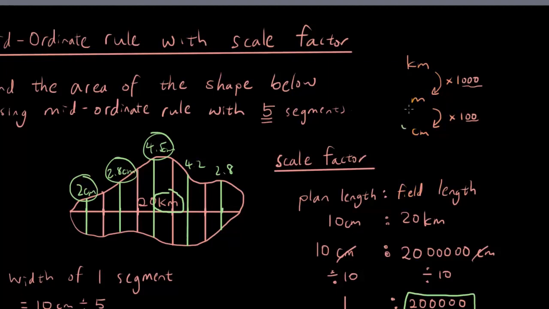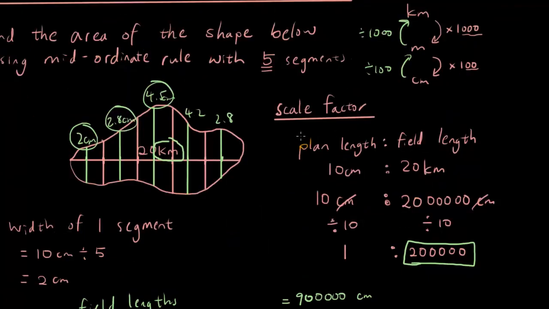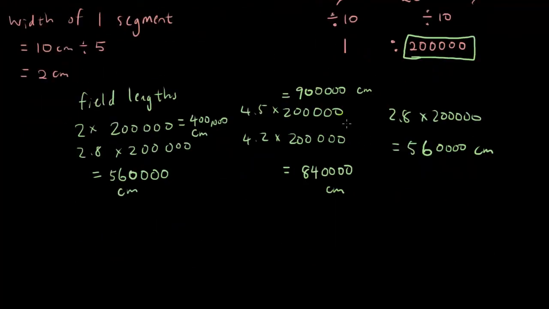So to go back, we need to do the reverse. We divide by 100 and then divide by 1,000, so it's the same as dividing by 100,000, which means I just cross off 5 zeros. I'm going to write the final answer in kilometers next to each of these numbers.